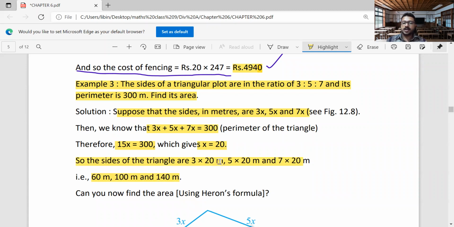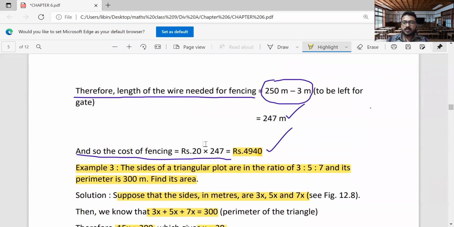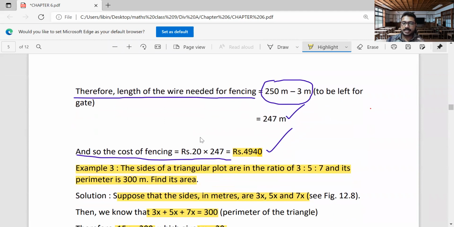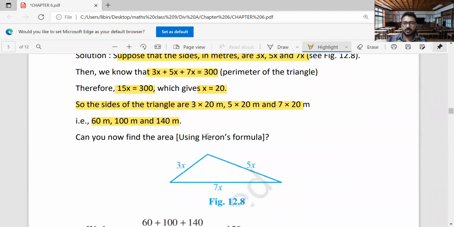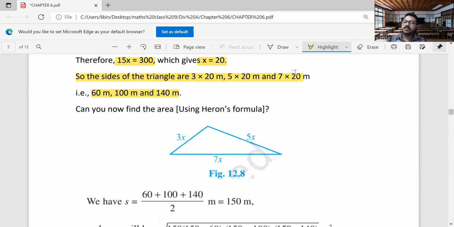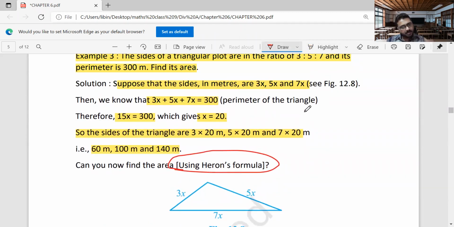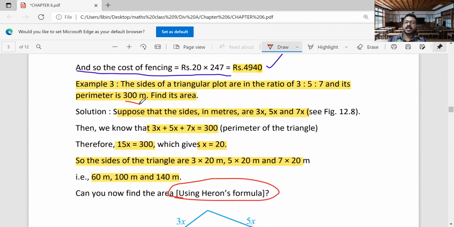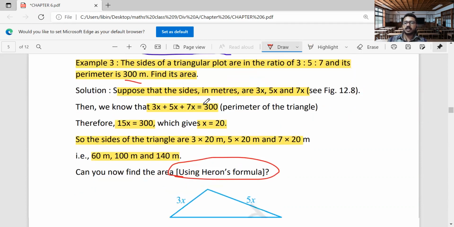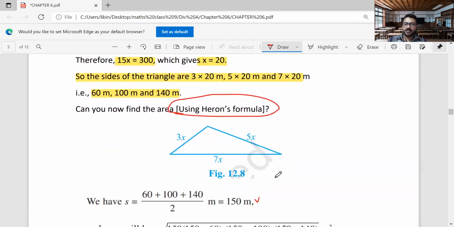So now we have found the length of each side of the triangular plot. Now we can directly apply our Heron's formula. Those students who understood can solve the question very easily. We are given directly the perimeter as 300. Therefore, what is the semi-perimeter? It will be 300 by 2, that is 150.